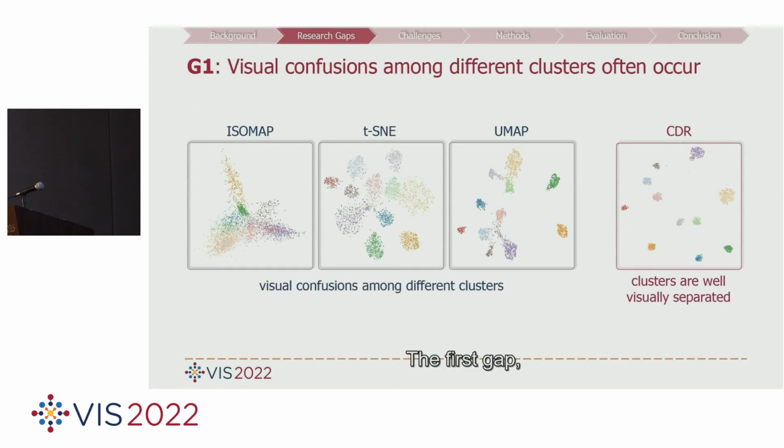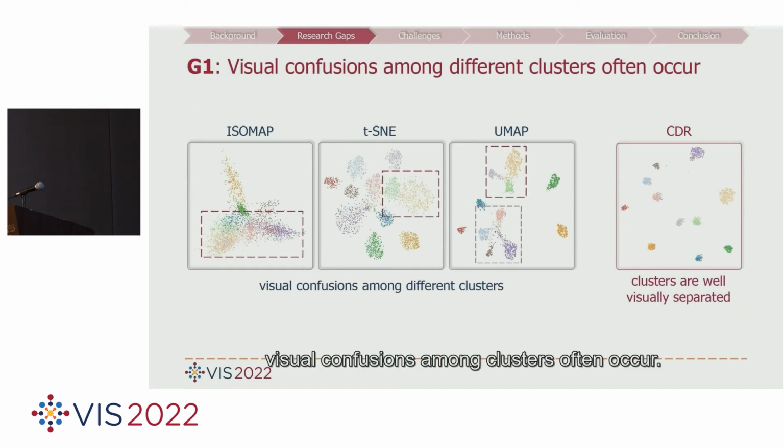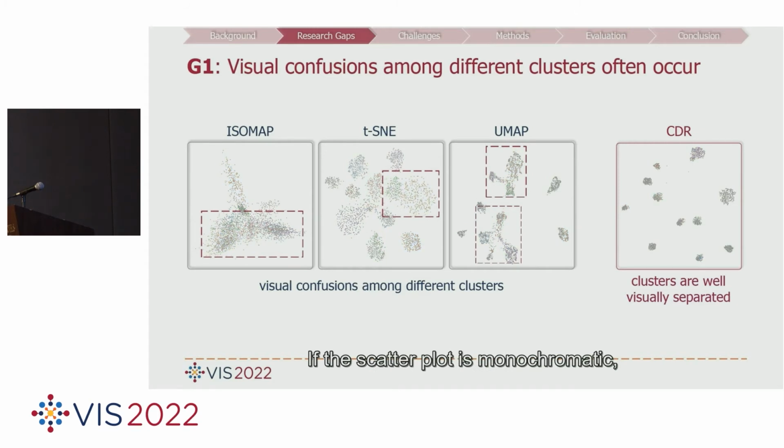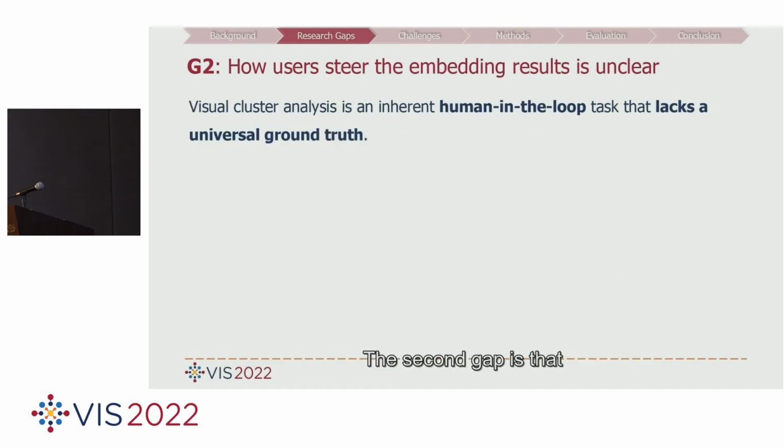But there still exist two gaps for a DR technique to better support visual cluster analysis. The first gap: visual confusions among clusters often occur. If the scatter plot is monochromatic, the clusters in the red dashed box can hardly be identified. The second gap is that how users steer the embedding results is unclear, because visual cluster analysis is a human-in-the-loop task. It lacks a universal ground truth.